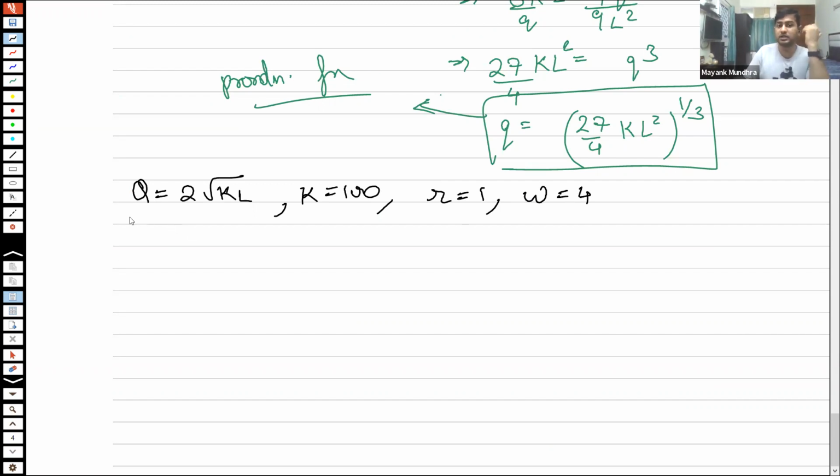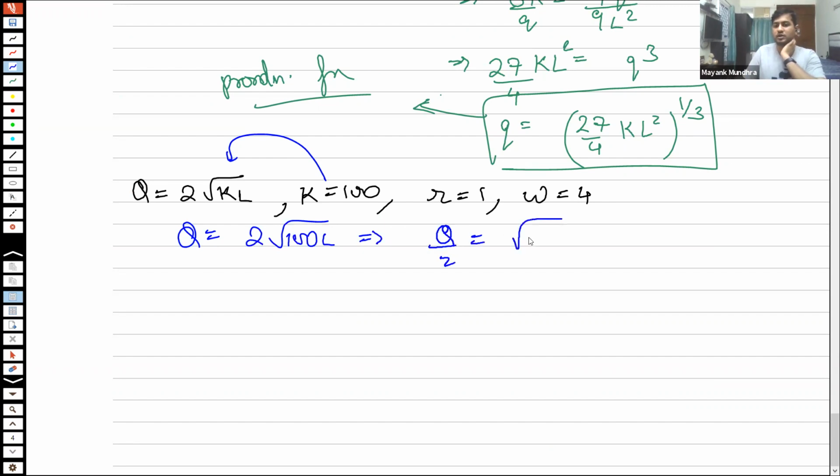So we have to find the short run cost function. Now K is 100, so you can directly substitute this value of K here. So you get Q equals 2 root 100 L, which implies Q by 2 equals under root 100 L, which implies Q square by 4 equals 100 L, which implies that the amount of labor in the short run is equal to Q square by 400.